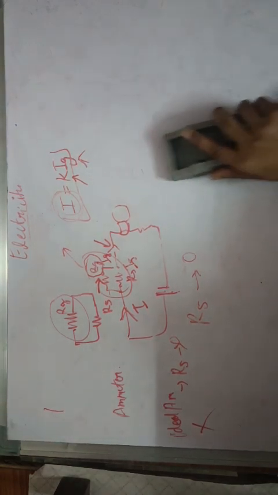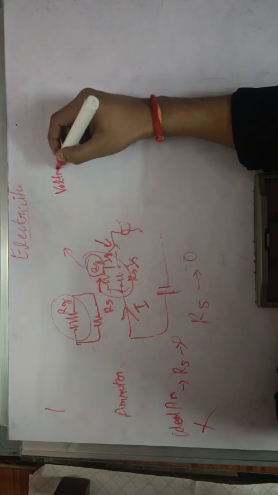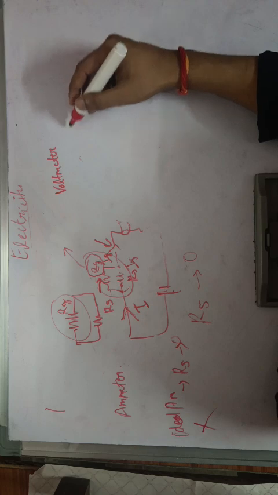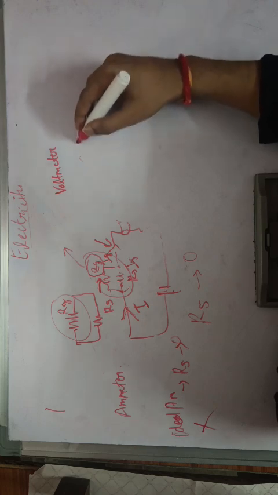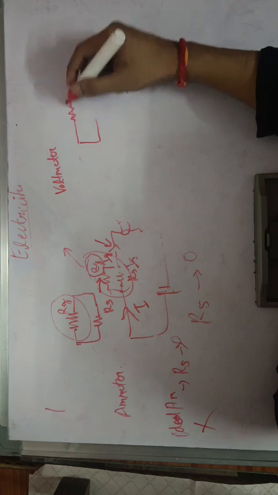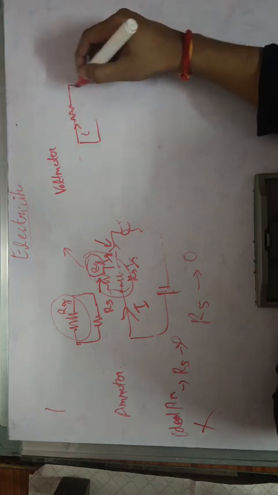Next thing is potentiometer, sorry, voltmeter. So what is a voltmeter? A voltmeter has similar settings. There is a circuit here and there is some resistor. Across this resistor there would be some potential difference, and some current I passing through it.